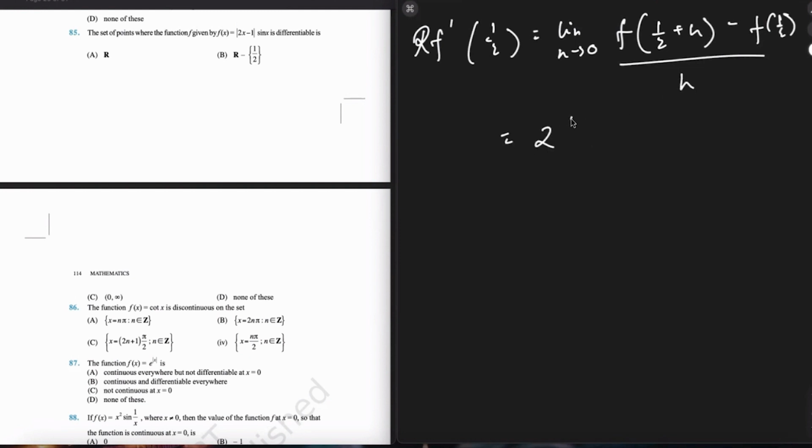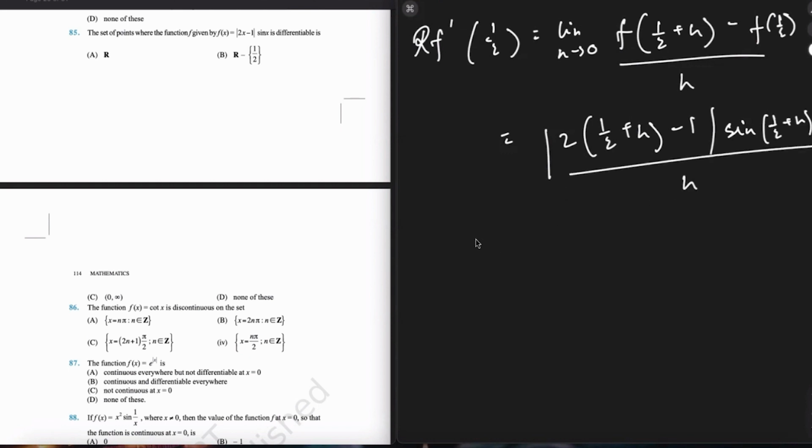That is mod of (2(half plus h) minus 1) sin(half plus h) minus 0, whole divided by h.